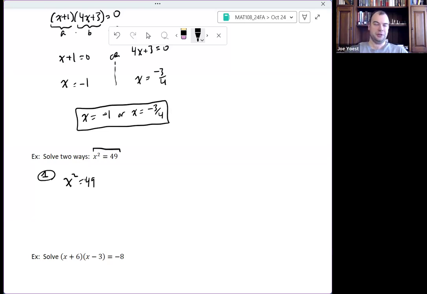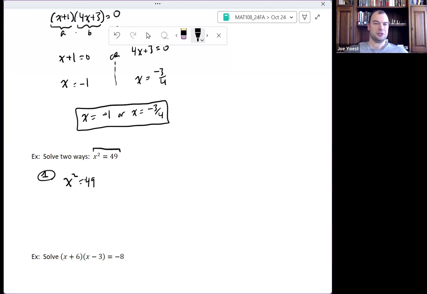Or if I had x plus 2 equals 49, I'd subtract 2, right? The subtraction of 2 undoes the addition of 2. So if I'm performing some operation to x, to isolate x I perform an operation that undoes that first operation.